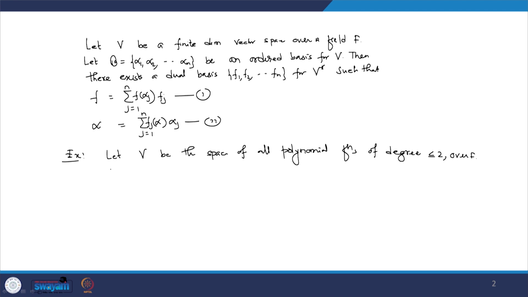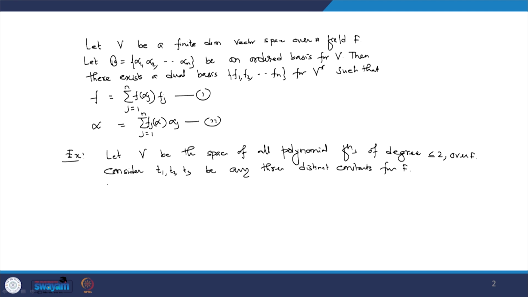Consider t1, t2, t3 to be any 3 distinct constants from the field F that I consider.